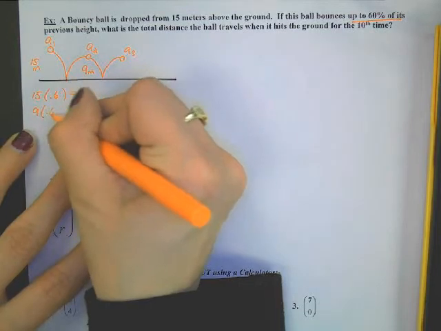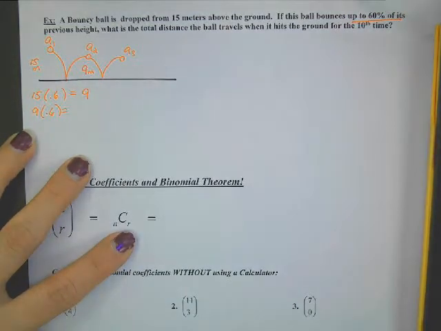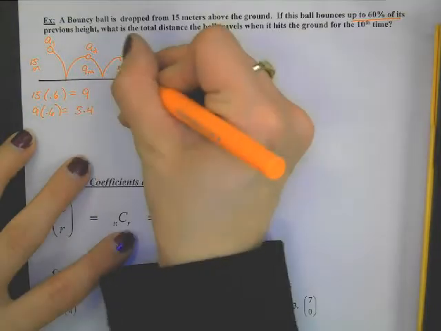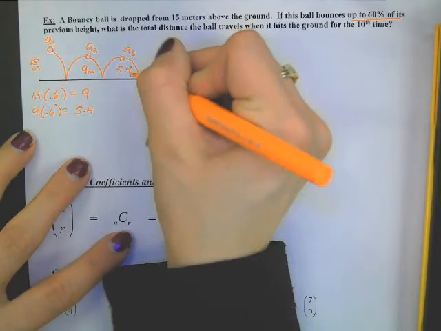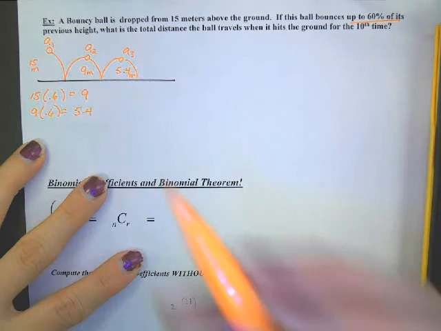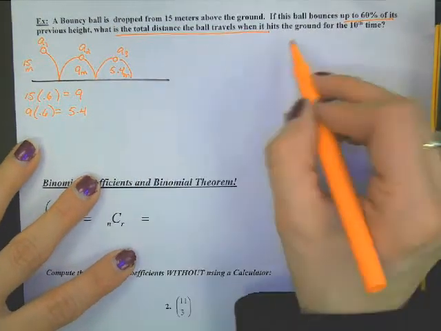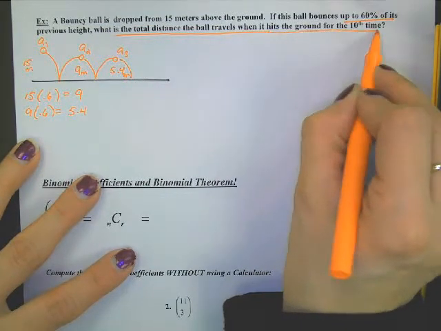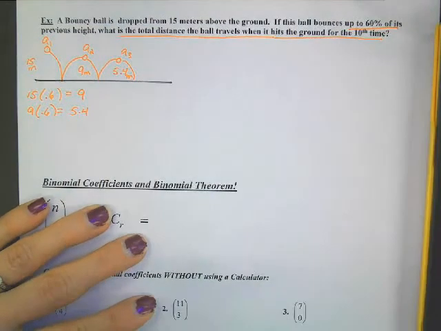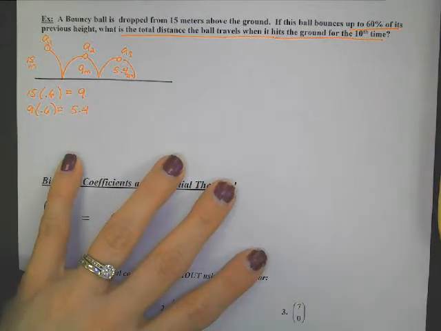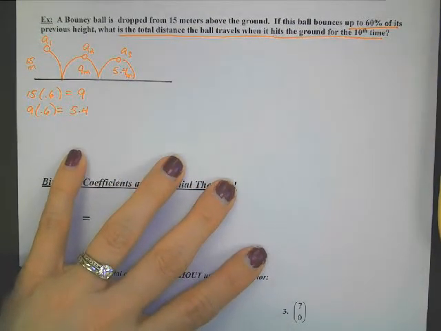And 9 times 0.6 is 5.4 meters. Okay, just enough to kind of get the idea. What is the total distance the ball travels when it hits the ground for the 10th time? Now remember, most people are going to know what to do on the test, but they're going to be one number off.